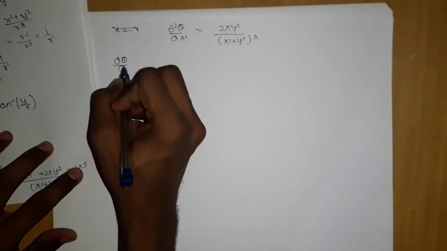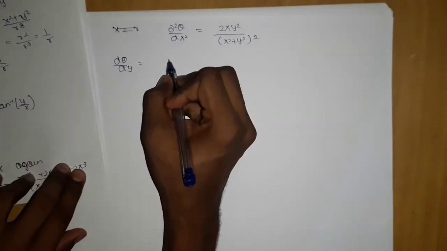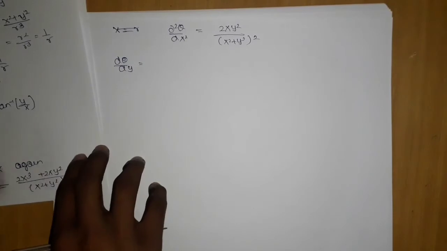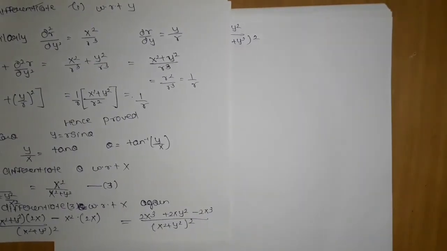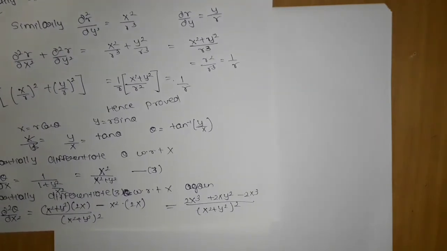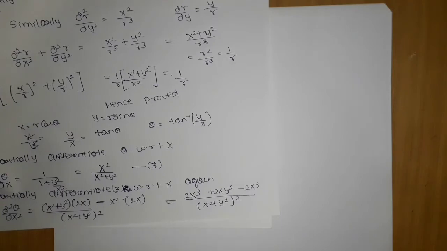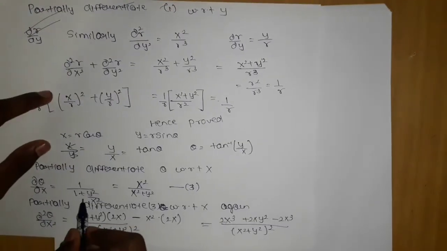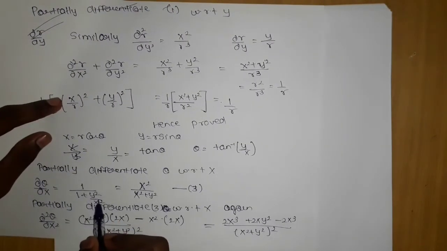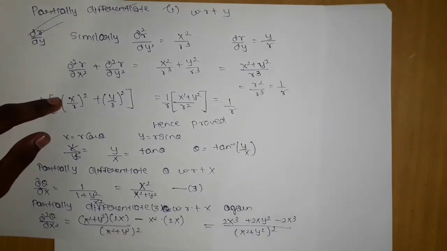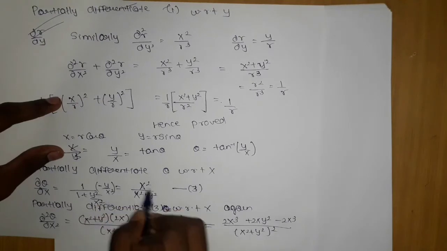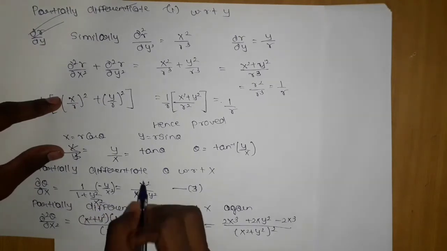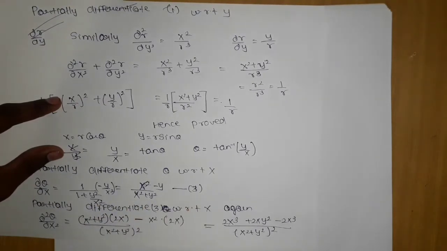If I do it for dθ/dy, you can write it by yourself. Now, did we miss something or make any mistake? Okay, let's check it out. 1 by 1 plus y²/x², and here we are differentiating with respect to y, so it will be y by x² with a minus sign, and the x will cancel, leaving minus y.